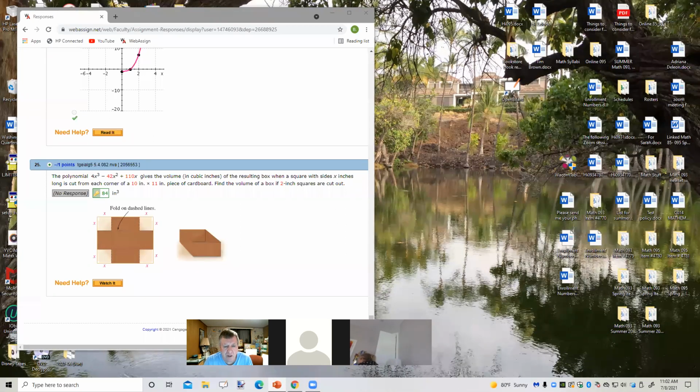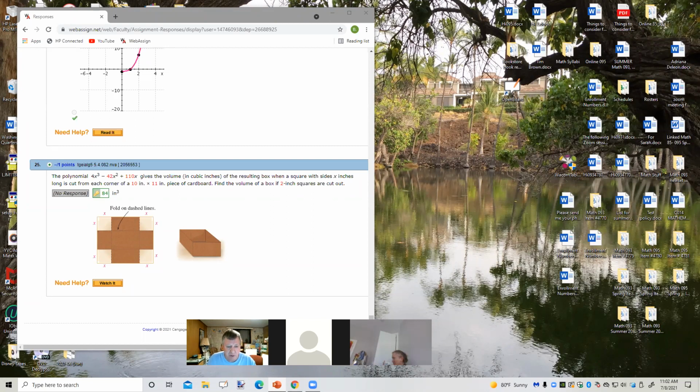Find the volume of a box if 2-inch squares are cut out. It looks like a fairly complicated problem, but basically it boils down to this. They've given us this polynomial that gives the volume when a square with side x inches long is cut. They've told us that the side is 2.